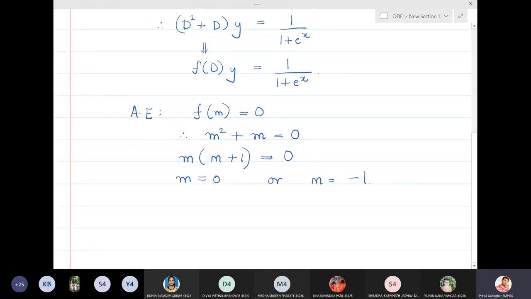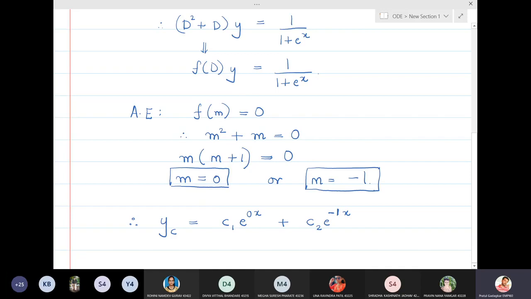So once I have the roots of the auxiliary equation, we can now write the complementary function. Therefore yc, the complementary function, is c1 e^(0x) + c2 e^(-1x), because these are the two real roots, and we know the solution for real roots 0 and minus 1 is given by this.